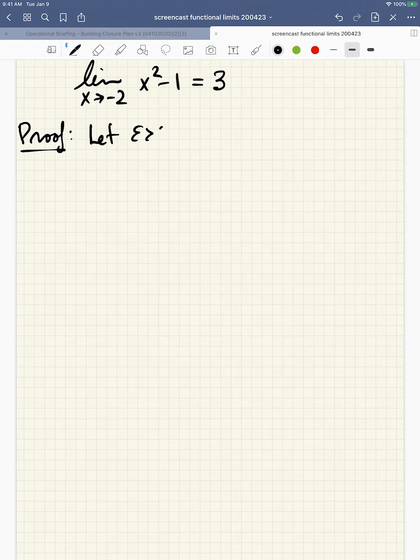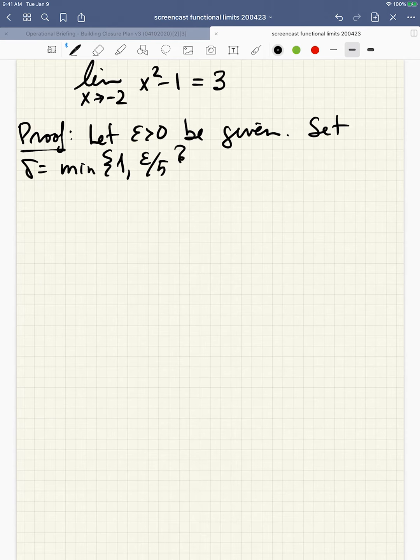Let epsilon greater than 0 be given. Set delta to be the minimum of 1 and epsilon over 5.